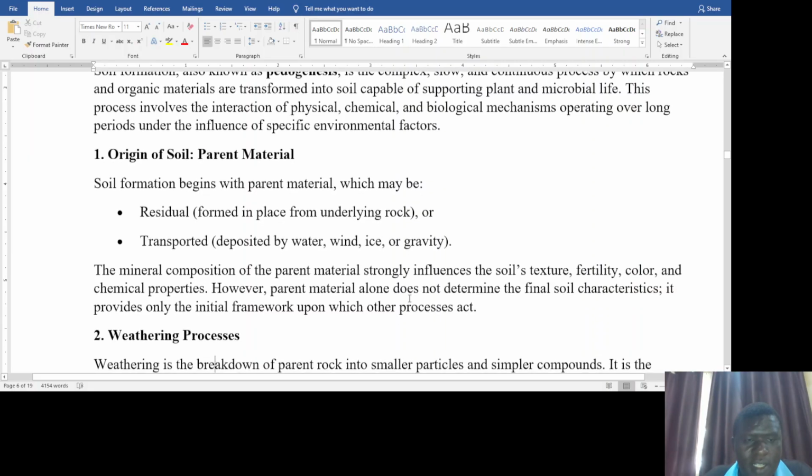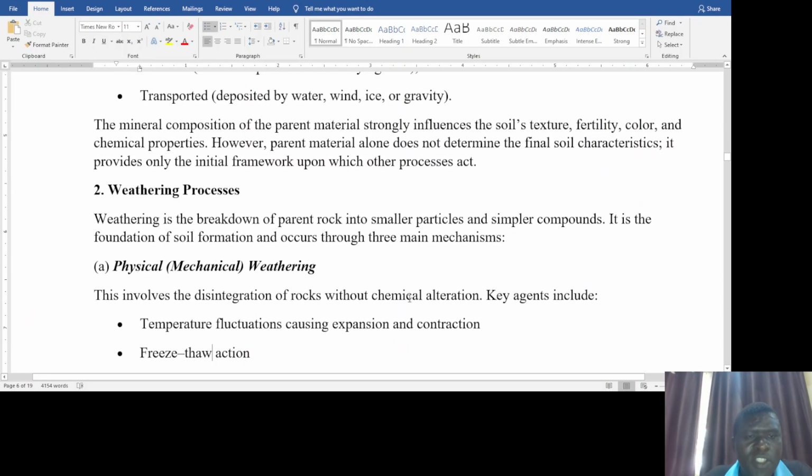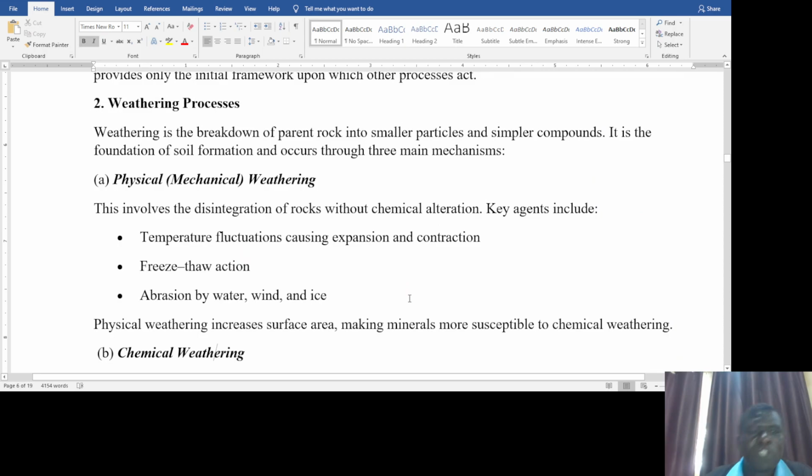So the basic process of soil formation is known as weathering, and weathering can be simply defined as the breakdown of the parent rock into smaller particles and simpler compounds, and it forms the basis or the foundation of soil formation.